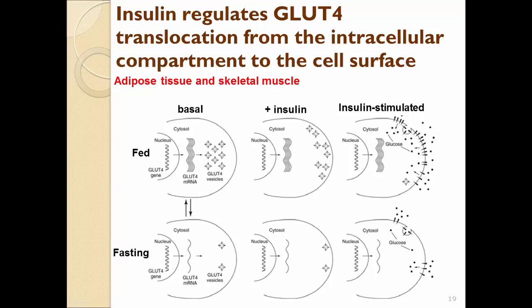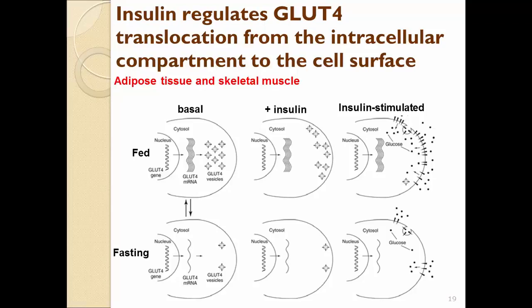And the important thing is that in both adipose tissue and skeletal muscle, GLUT4 is highly expressed, but not ready for transport activities.